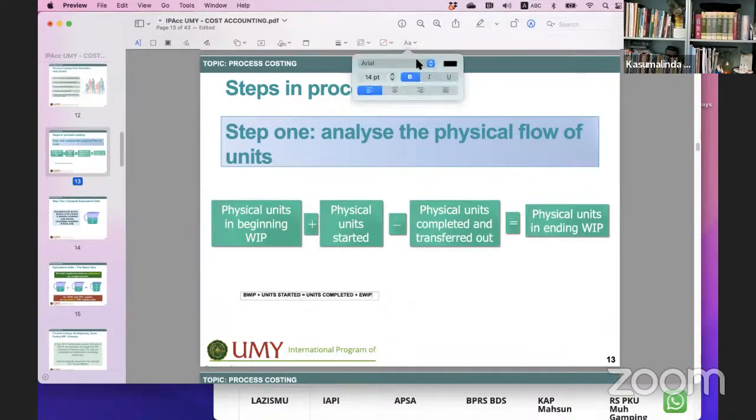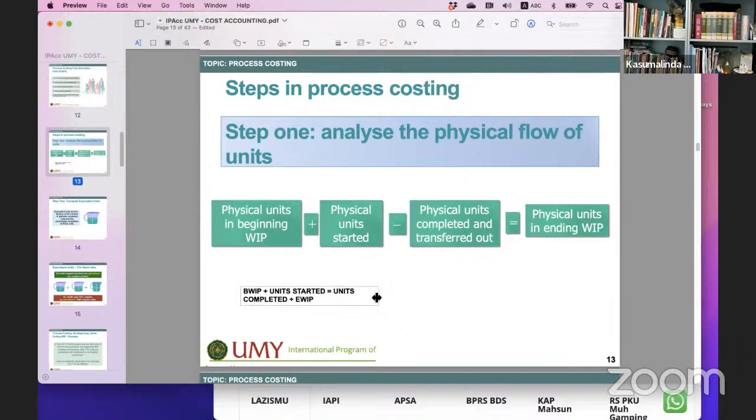This is the equation. If we rearrange the equation, it will look like this. Beginning work in process plus units started equals units completed plus ending work in process.